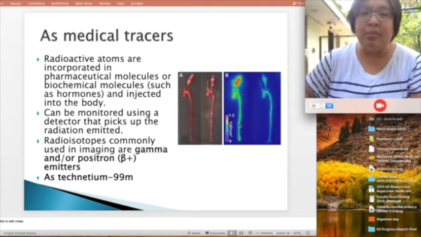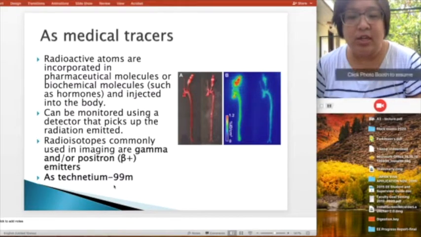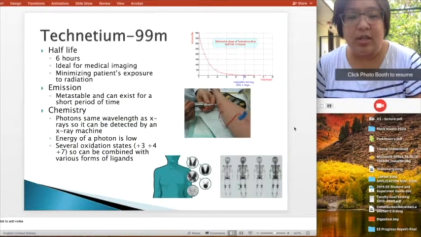Popular example is technetium 99. You actually need to know this by heart. So, what is technetium 99? It's a popular choice as a medical tracer. It's the most common radioisotope used as a tracer.